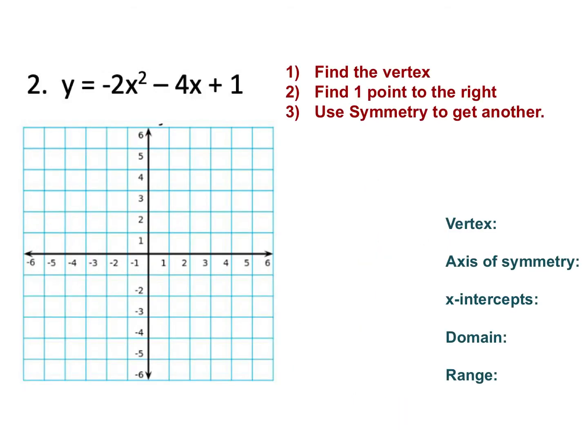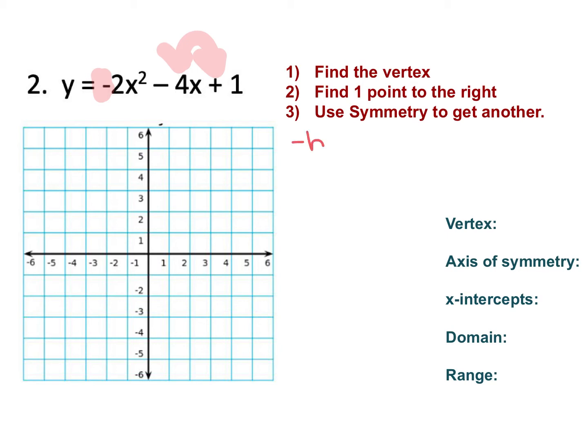So let's look in general at how to graph a quadratic equation or quadratic function. First of all, I notice that a is negative, so this parabola is going to open upside down. It's going to be frowning. What you want to do in general is always begin by finding your vertex.